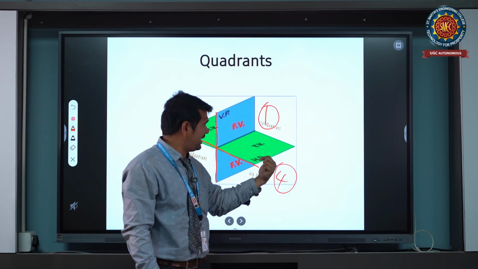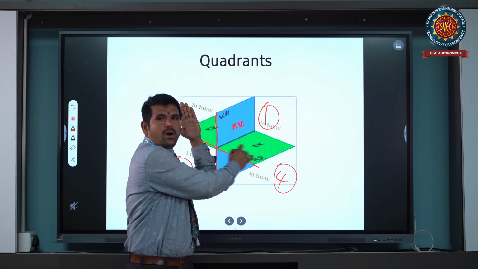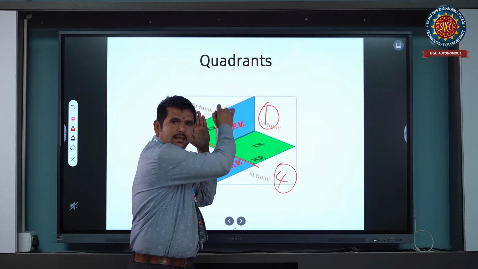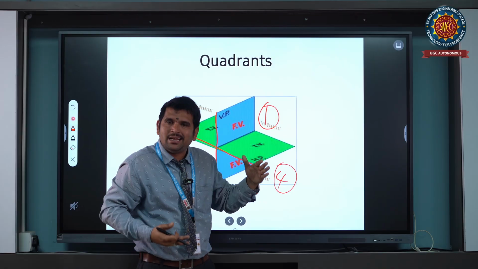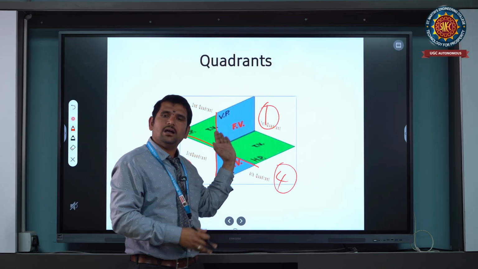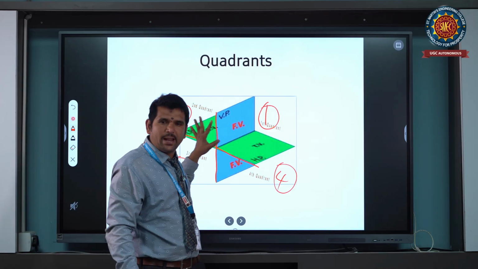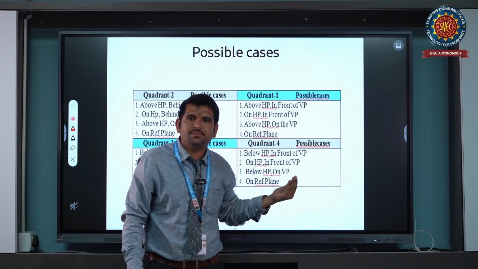Always the first quadrant: now we are going to see only this part. Now I am going to explain the possibilities of the first quadrant. This is always a plane. We have divided it into four quadrants, then going to the possibilities of the quadrant.